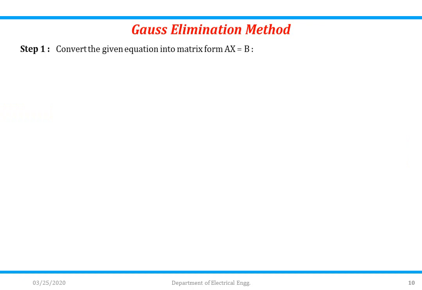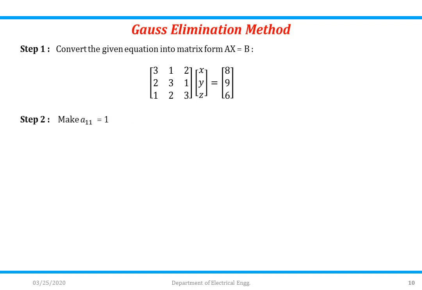The first step is to convert the given equations into matrix form Ax equal to b. So we have written the given equations after pivoting in matrix form. Now step number 2 is to make a11 equal to 1. Whatever element is present here, make that element 1. If there is a 1, then there is no problem.